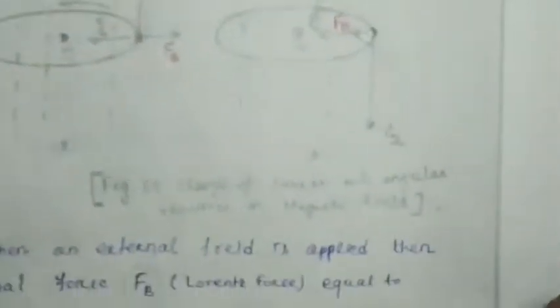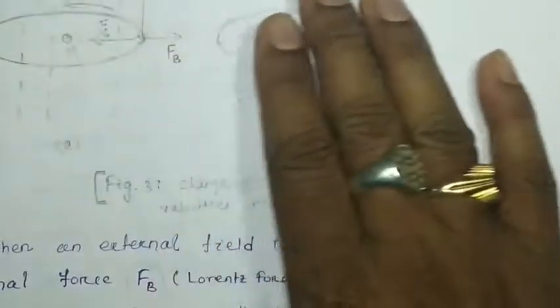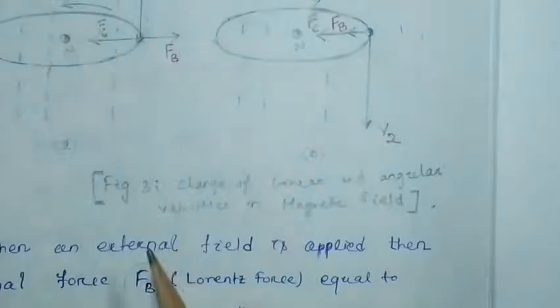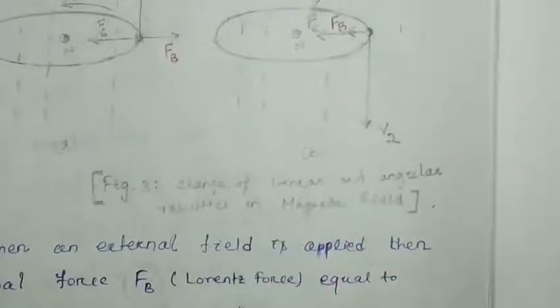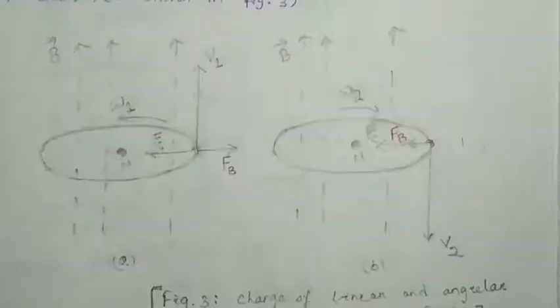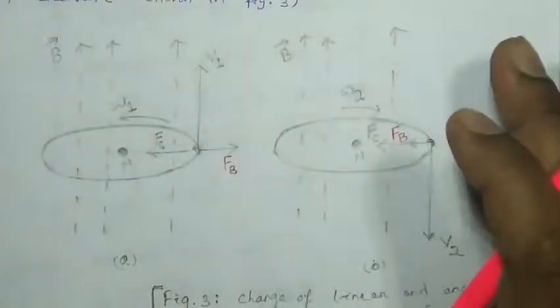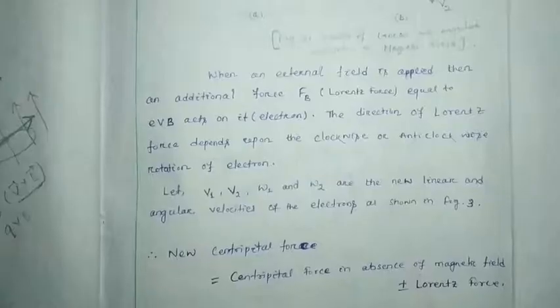Okay, and the figure title is written: change of linear and angular velocities in magnetic field. Draw this figure by pausing the video over here and draw the figure perfectly. Now we have to move forward.